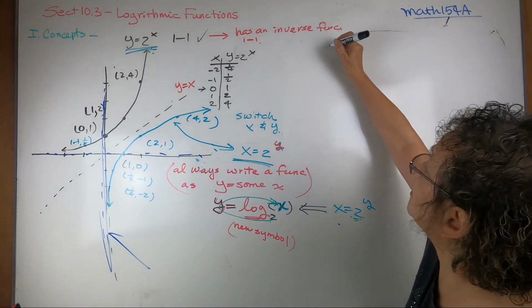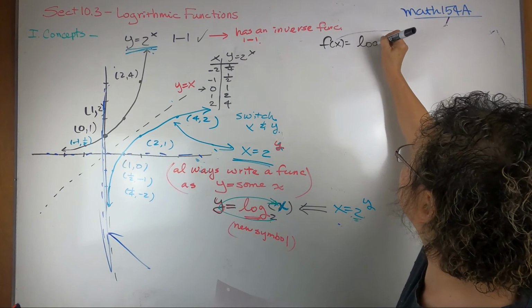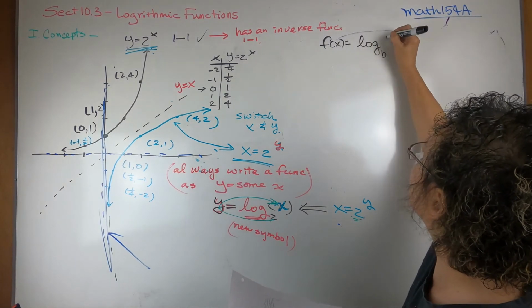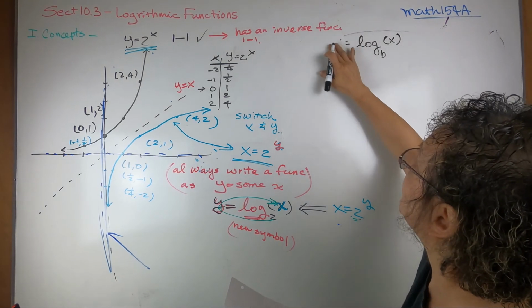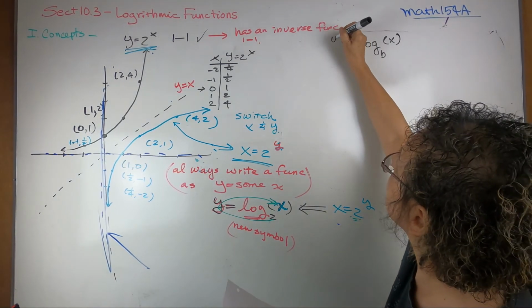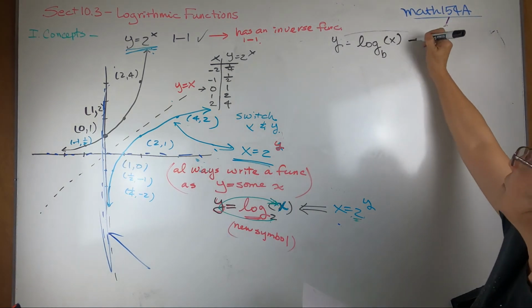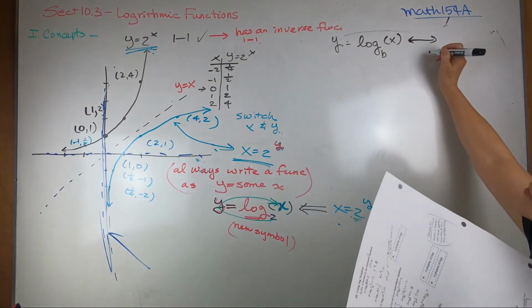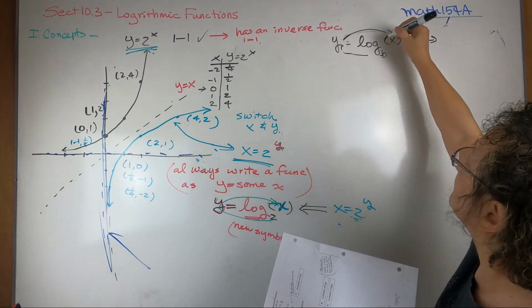So for your log, we say f of x equals a log with a base and x, right? We use y instead of f of x. You cannot see it, so you have to change it to write it this way.